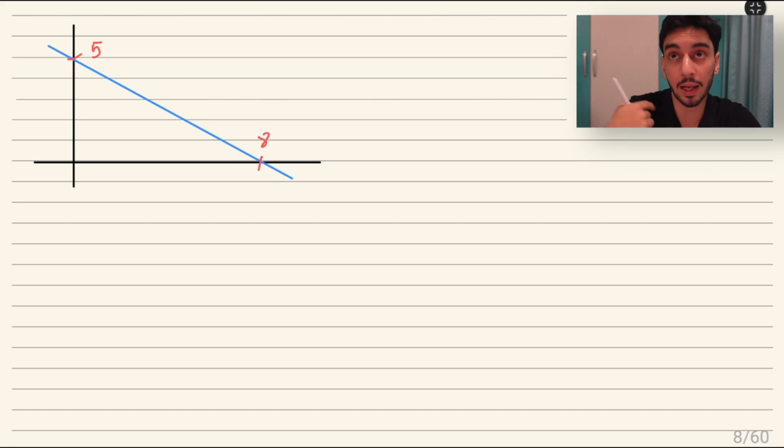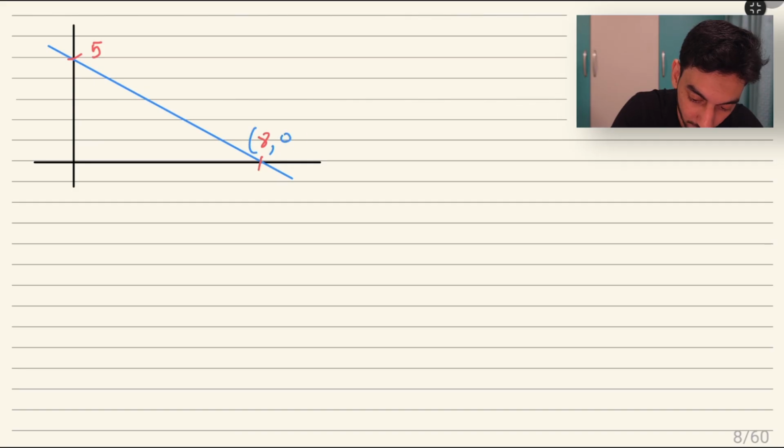I know the fact that any point on the x-axis would have the y coordinate as 0. So this thing over here, the x-intercept, is not 8. It is basically 8 comma 0. That's the x-intercept. And what about the y-intercept? This is not 5. This thing is actually 0 comma 5.